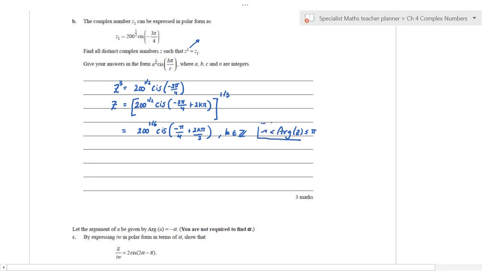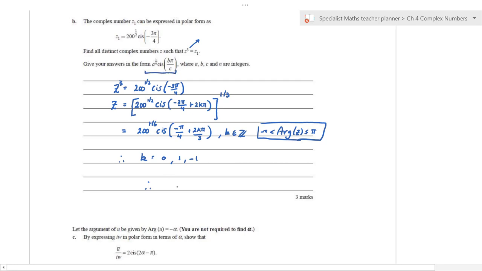So now we're going to find our 3 solutions. So we can say when k is equal to 0, k is equal to 1, and of course k is equal to negative 1 will be our 3 solutions which fit inside that. Give your answers in the form. They will be in that form. Yes, they will.